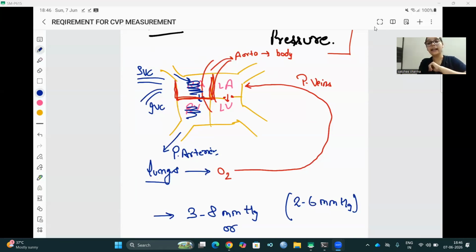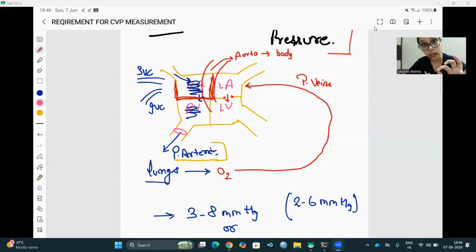Okay. Another condition which will increase the pressure in the right atrium is when there is a problem in the pulmonary artery, maybe some sort of embolism. So if this is the pulmonary artery and I have an embolus here, my right atrium is working very nicely and my right ventricle is working very nicely.